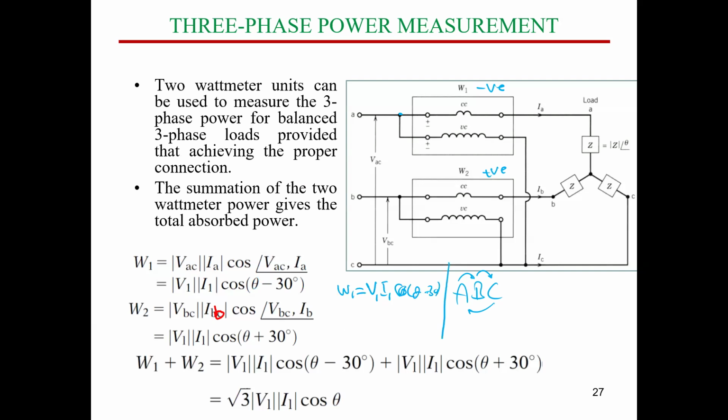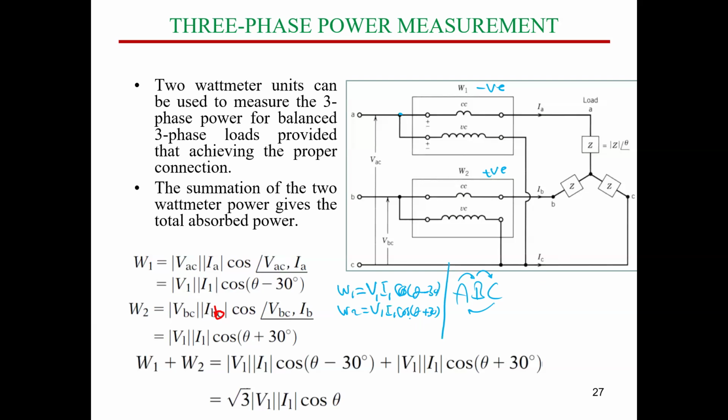And I say this is minus. Why minus? Because W1 is the negative sequence voltage coil. So when I write W2, I should say W2 equals V line, I line, cosine theta plus 30 degrees.